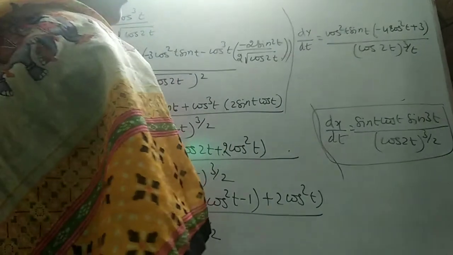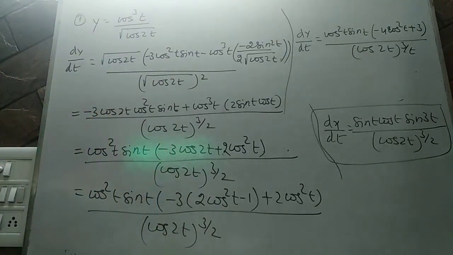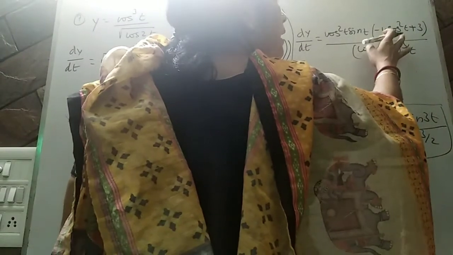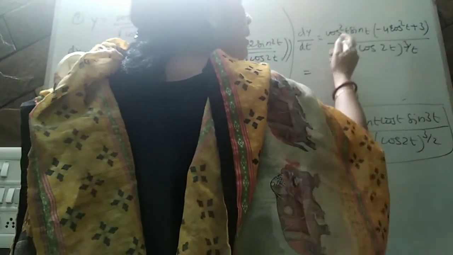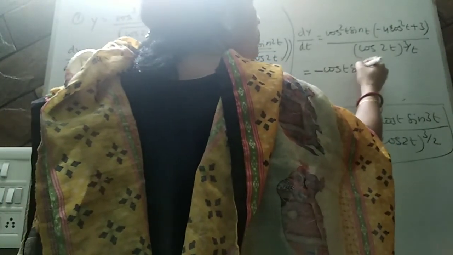Now listen, the formula is 4 cos cube t minus 3 cos t. And if the formula is 4 cos cube t minus 3 cos t, then we get the cos 3t formula. So I'm taking minus outside and cos t inside. So minus cos t into sin t.